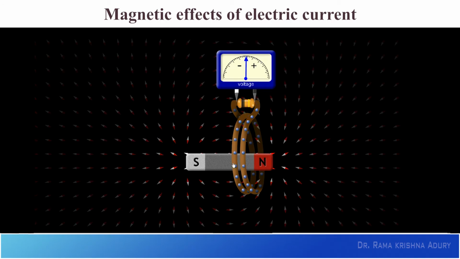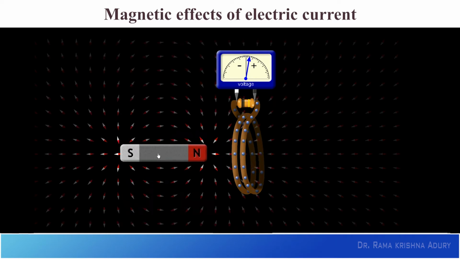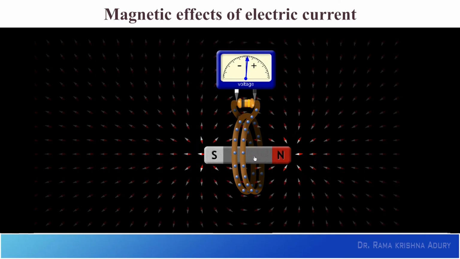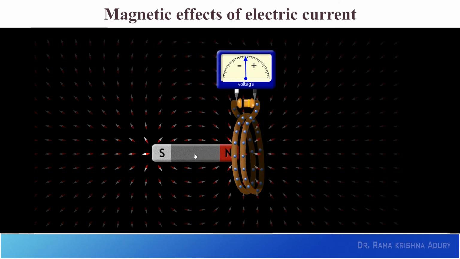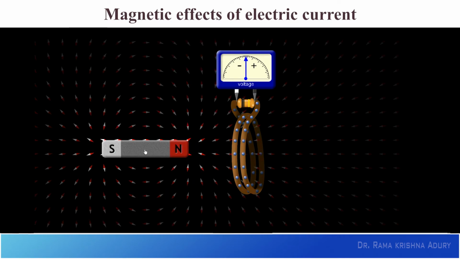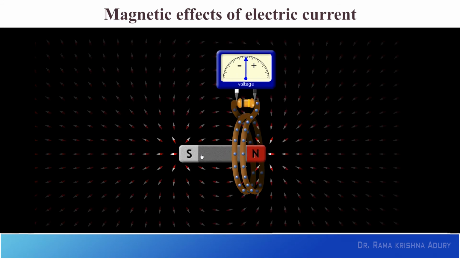That tells you there is a current flowing, a current generated when the magnet is moved in the coil. This is a very important point we need to use in this magnetic effect of electric current, because this is the relation between magnetism and electric current. When a magnetic flux is changing near the coil, current is induced in the coil. That is what we need to understand.